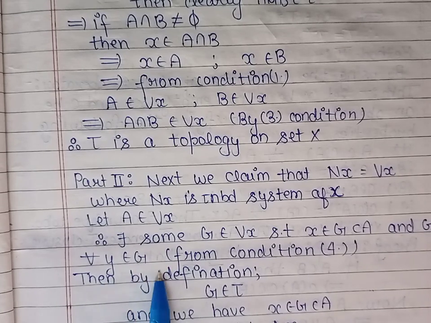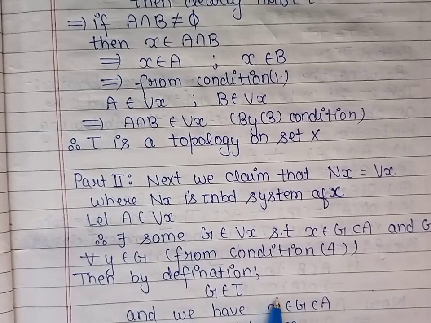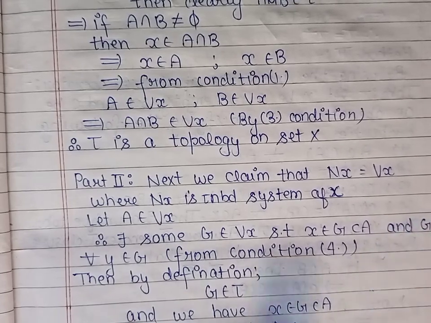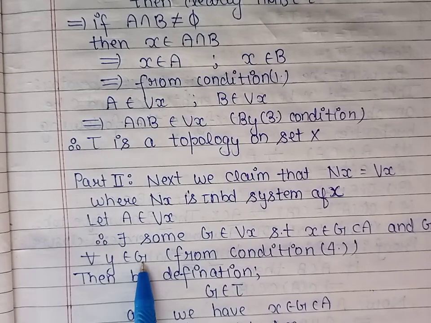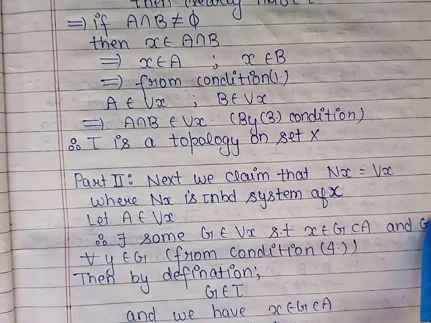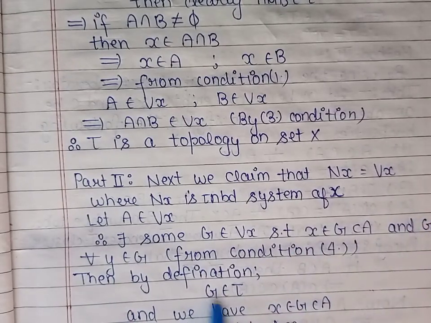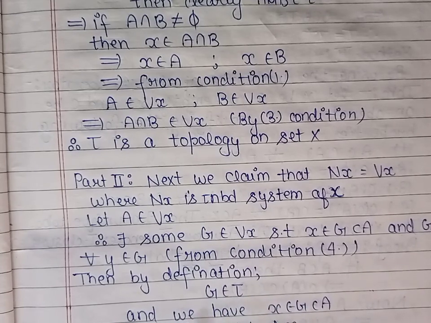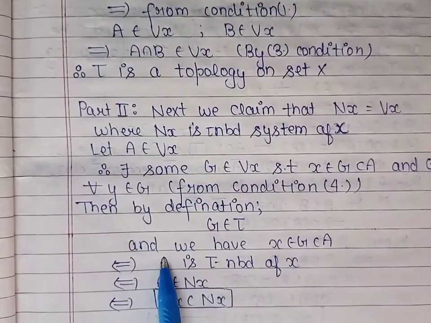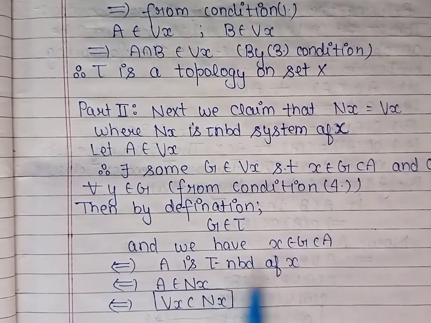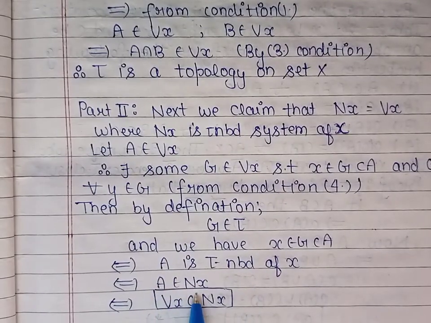Now because we have X belongs to G is contained in A and also G belongs to Vy for every Y belonging to G, by this condition we can say that G belongs to tau. Now combining the two conditions, we can say that A is a neighborhood of X and therefore A belongs to the collection Nx.